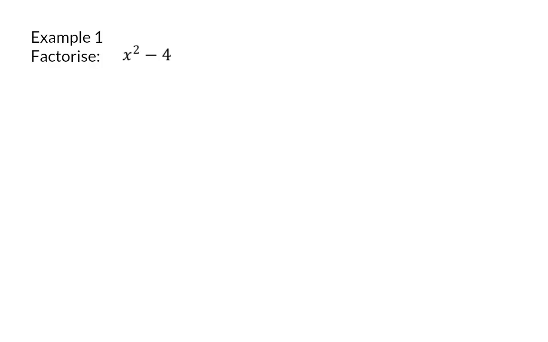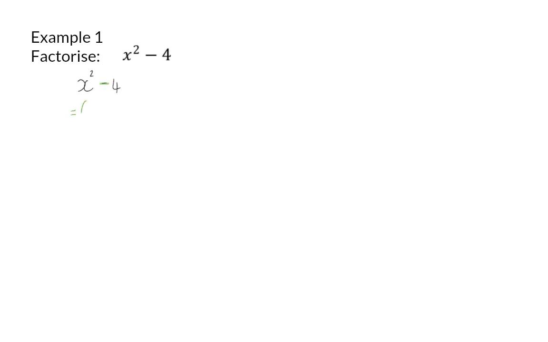Example 1, factorize. Here we are now given two terms which do not have a common factor, but we do have a difference, a minus in between, and both terms are perfect squares. This is why we are going to factorize using difference between squares.